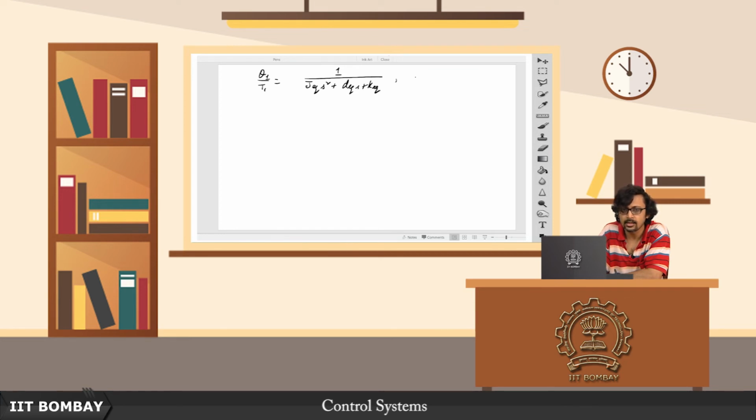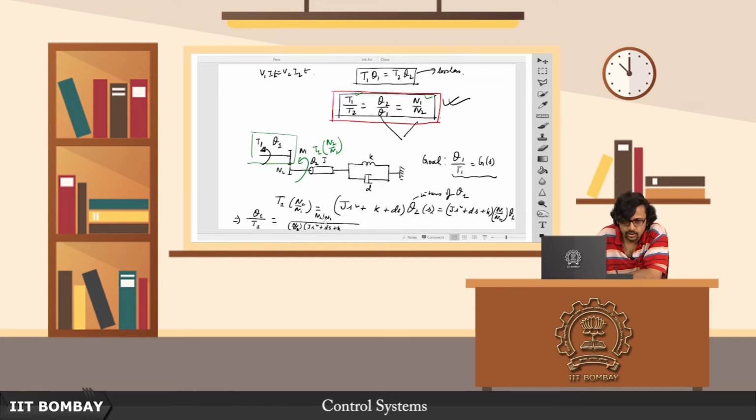where J equivalent is nothing but, notice, J1 times N1 by N2 squared. What have I done? I have basically brought down this N2 by N1 below, so obviously it gets to its reciprocal, which is N1 by N2. So then you have N1 by N2 squared, right?